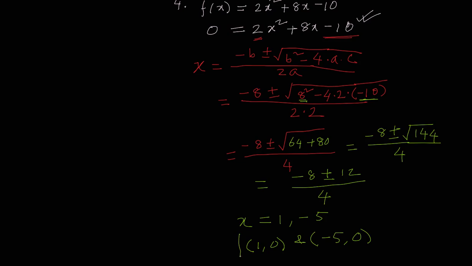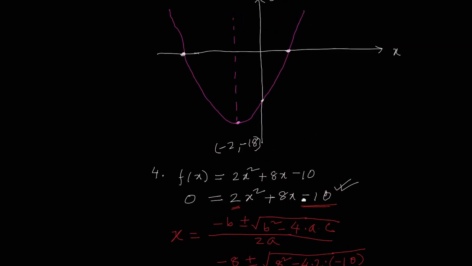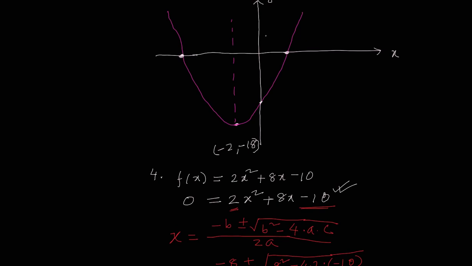So these two are my x-intercepts. Let's put these x-intercepts on my graph paper. This is going to be x equal to 1, y equal to 0 point. So this is my point. And this x-intercept will be negative 5, 0. So now I need to find only this y-intercept.